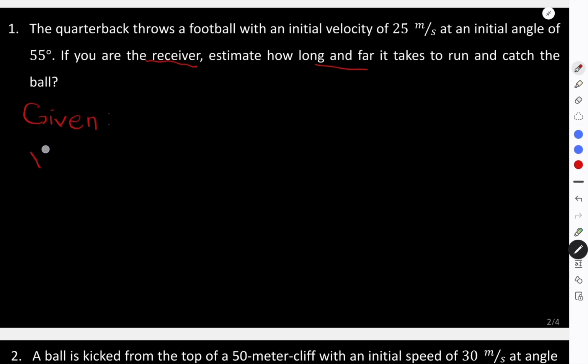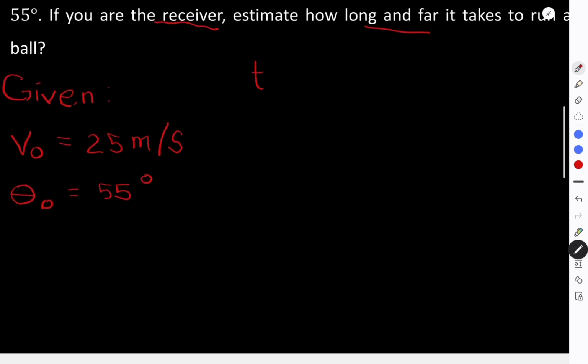In this case, we have our initial velocity as 25 meters per second, and the initial angle is 55 degrees. In order for us to get the time, our time is equal to the initial velocity in y component over 0.5 gravity, right?